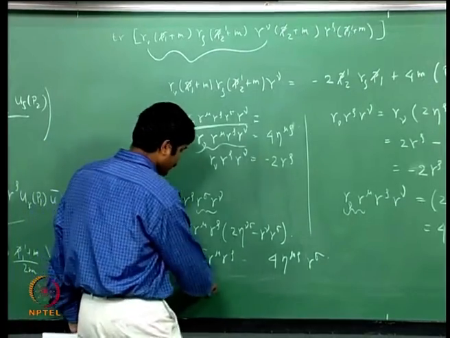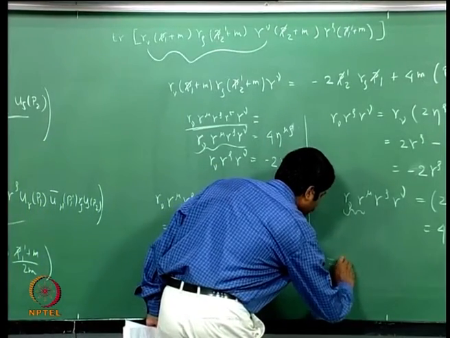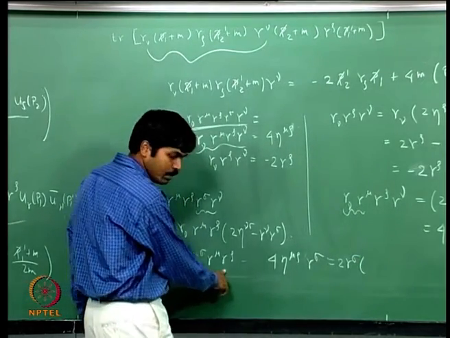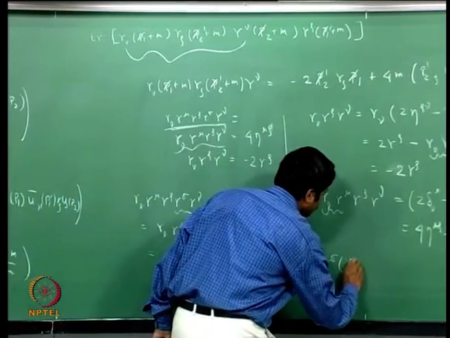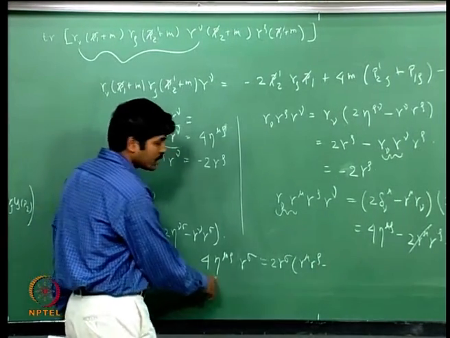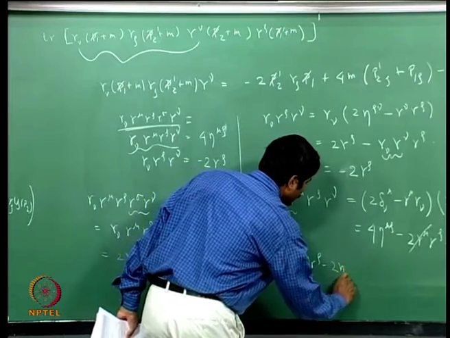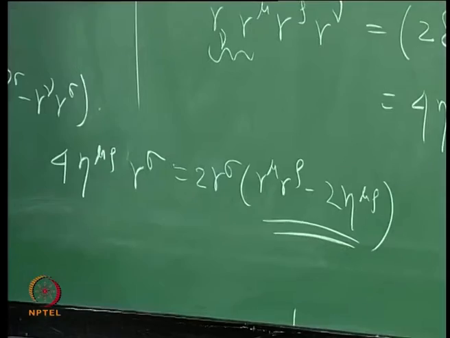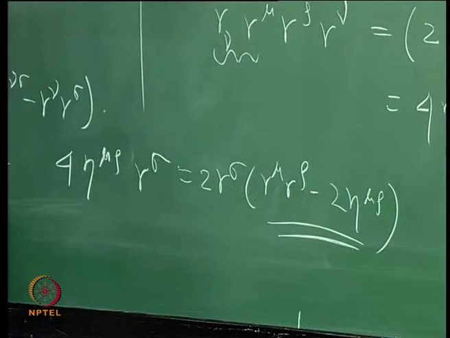So, twice gamma sigma, if you take common 2 gamma sigma, then what is left is gamma mu gamma rho minus twice eta mu rho. What is this quantity? Minus gamma rho gamma mu.